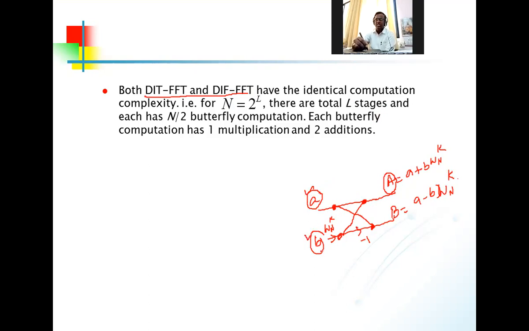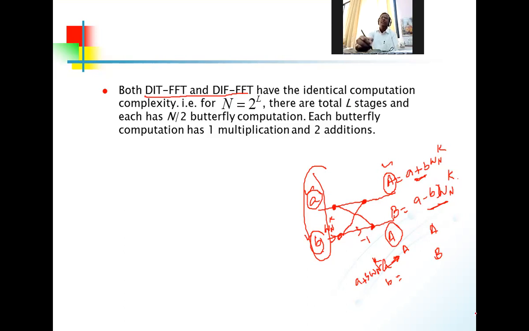After computing the capital A and capital B, there is no need to store small a and small b.